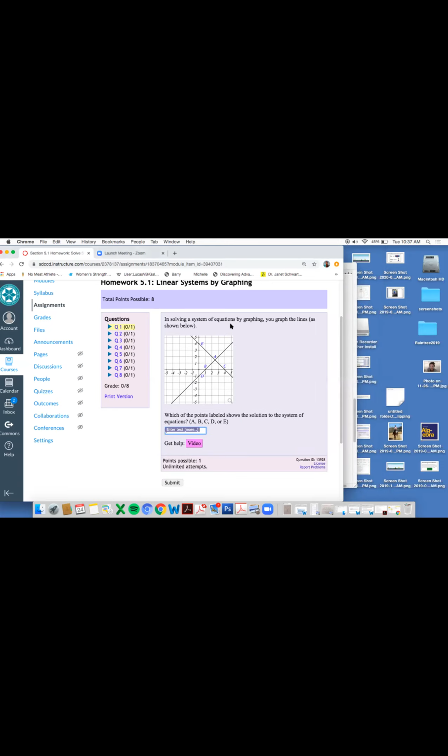So this is the first question. It says, in solving a system of equations by graphing, you graph the lines as shown below. Which labeled points show the solution to the system of equations? We have a few points labeled here, A, B, C, D, and E. You need to enter the one that represents the solution, to demonstrate that you know what the solution means.